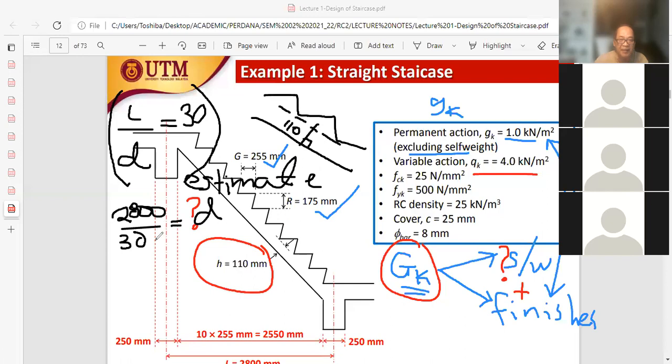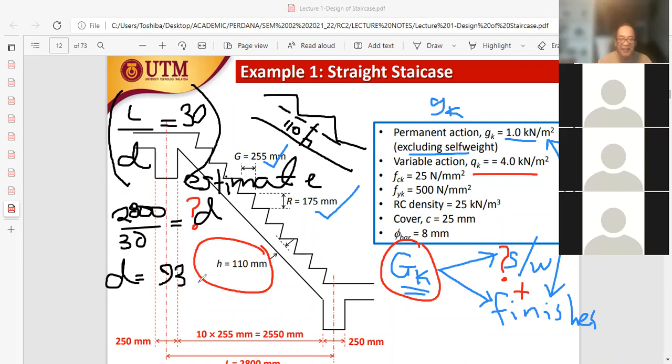Dapat berapa ni? 2800 divided by 30. Dapatlah D approximately 90 plus, 90 lebih kan? 9 times 3, 27. Ni 2800, 93. Okay, so 93 mm.